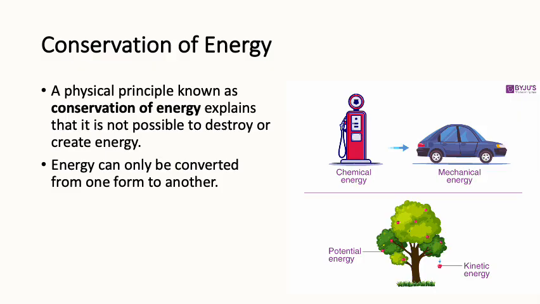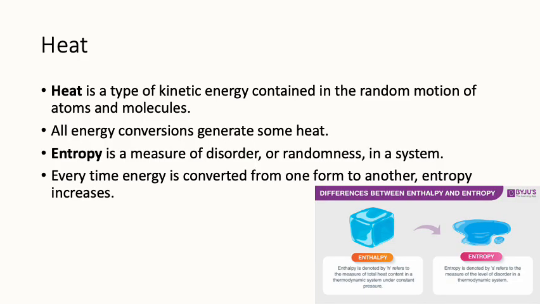Whenever energy is converted from one form to another, some of it is released as heat. Heat is a type of kinetic energy associated with the random motion of atoms and molecules. No energy transformation is perfectly efficient, so heat is always produced as a byproduct. This leads us to the concept of entropy, which is a measure of disorder or randomness in a system.